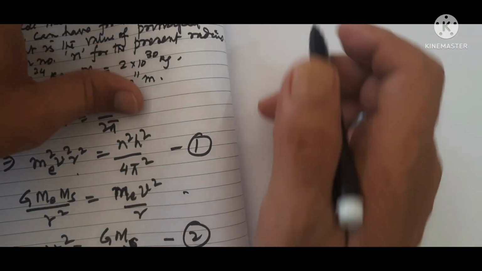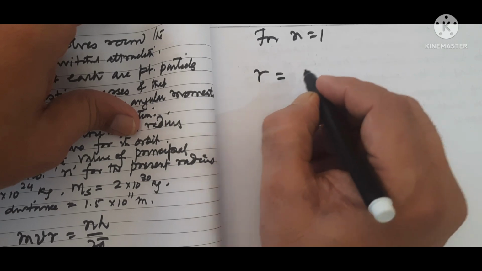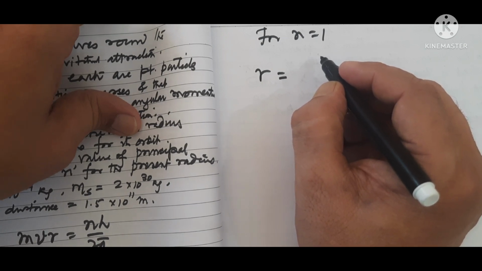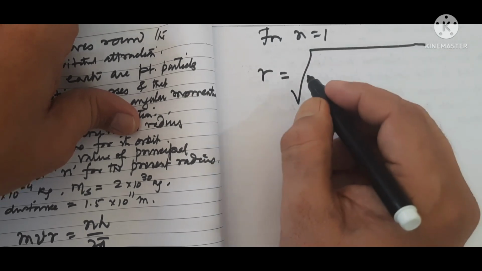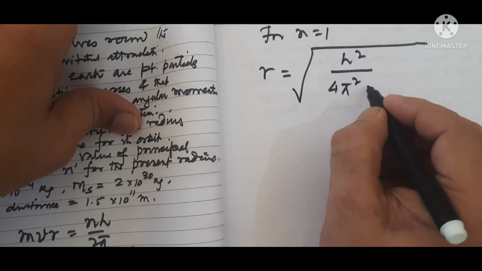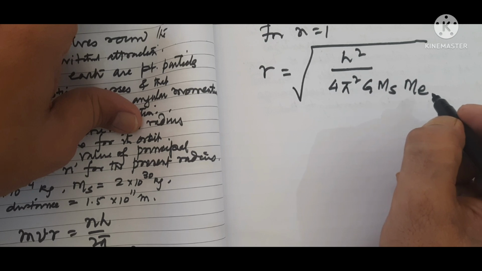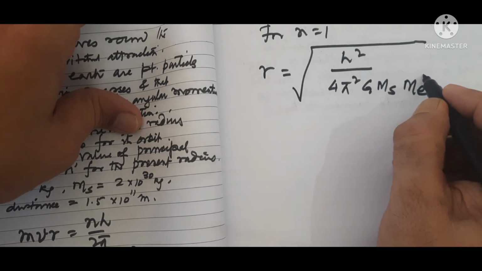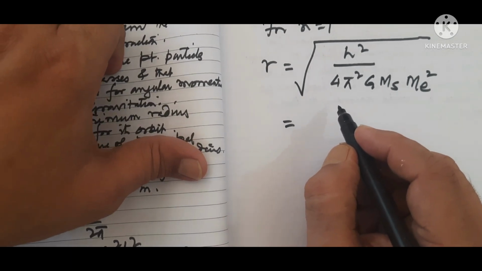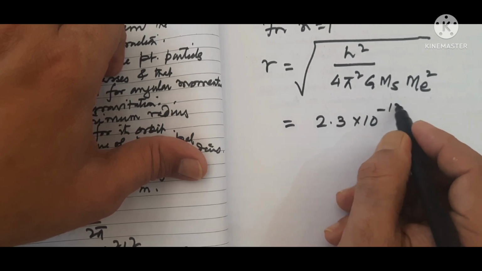अब सबका वैल्यू हम पुट कर देंगे. फॉर n इज इक्वल टू 1, पुट द वैल्यू, r कितना हो गया यहाँ पर, r का वैल्यू अंडर रूट h स्क्वायर बाई 4 pi स्क्वायर G M_s इंटू m_e स्क्वायर, इतना आया. अब इसका वैल्यू हम पुट करेंगे. By putting the value and calculating we will get the value around 2.3 into 10 to the power -138 meter.